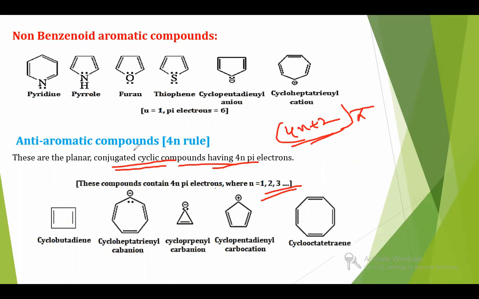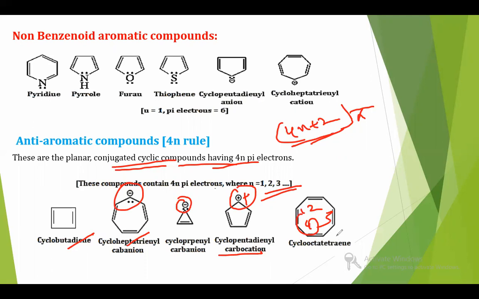Examples of anti-aromatic compounds are cyclobutadiene, cycloheptatrienyl anion with negative charge, cyclopropenyl anion with negative charge, cyclopentadienyl cation with positive charge, and cyclooctatetraene: 1, 2, 3, 4.